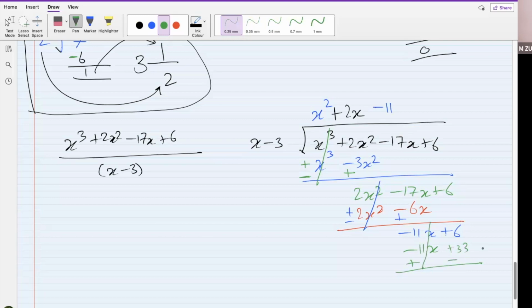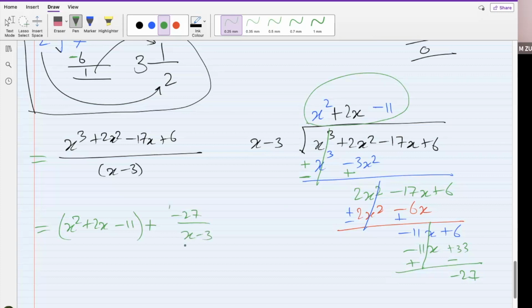So 33 and 6, the difference is 27. Now we can say that this equation is actually equal to x square plus 2x minus 11, plus the remainder, which is minus 27 over x minus 3.